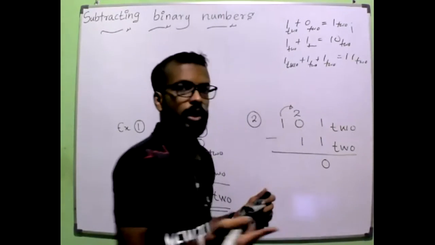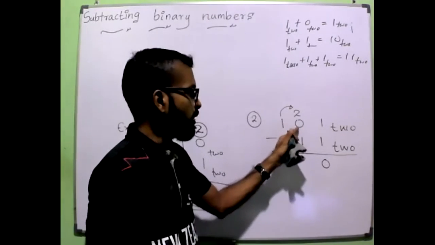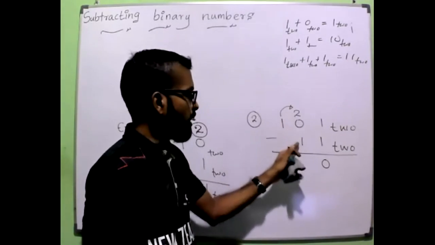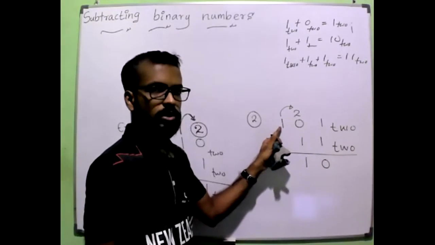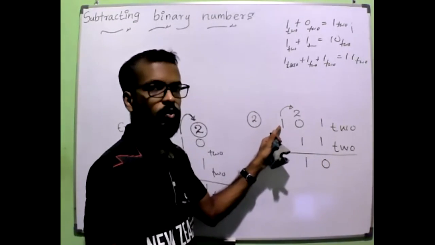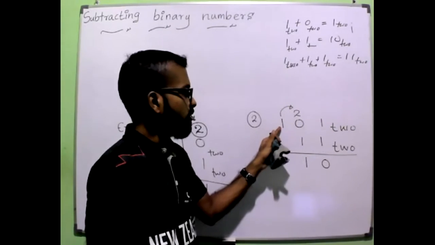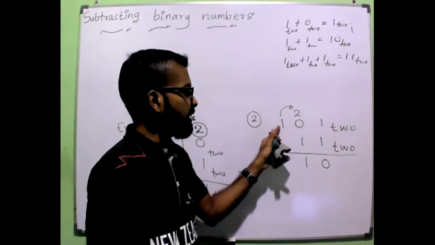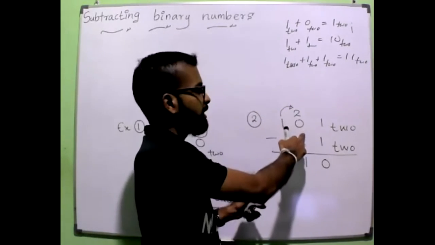Then you can do the subtraction. 2 minus 1. This 0 becomes 2. 2 minus 1, 1. Now here, what is the remaining value? Previously, we had 1 here, and we took that 1 to our right hand side.